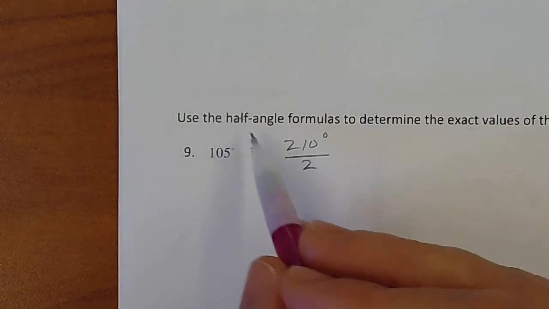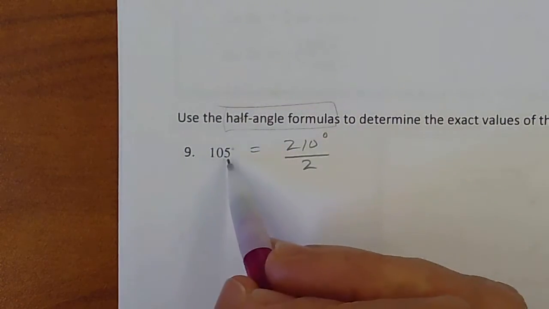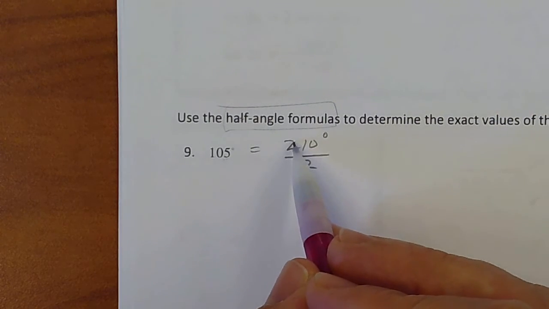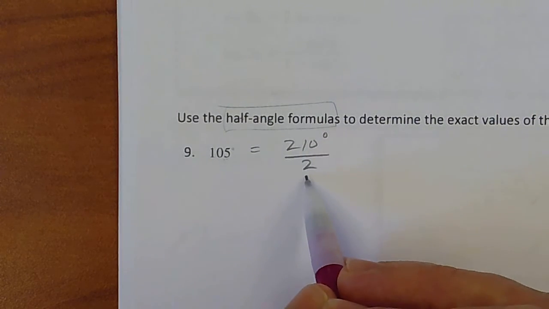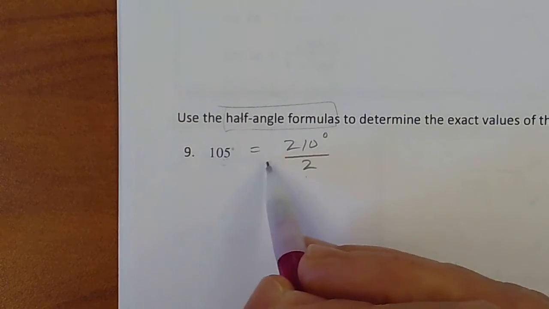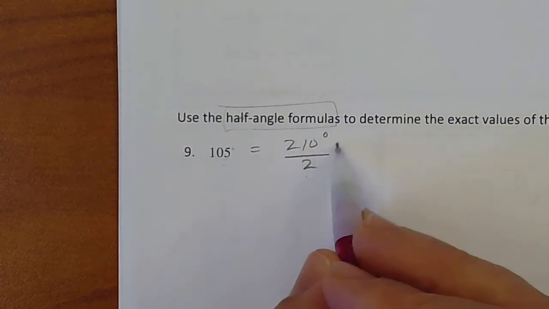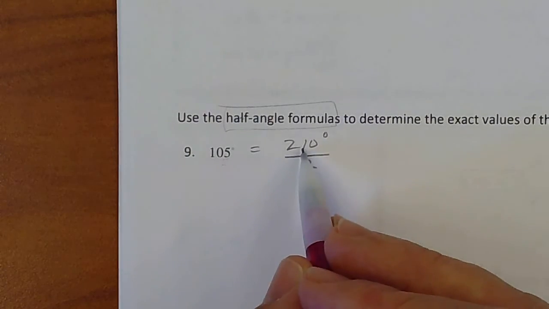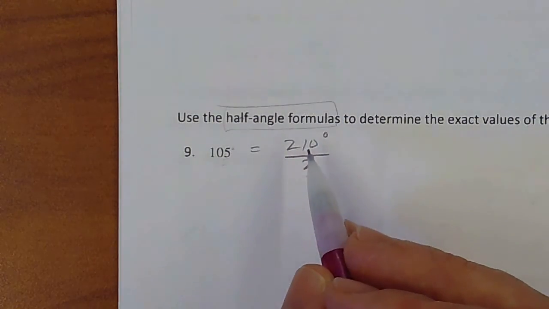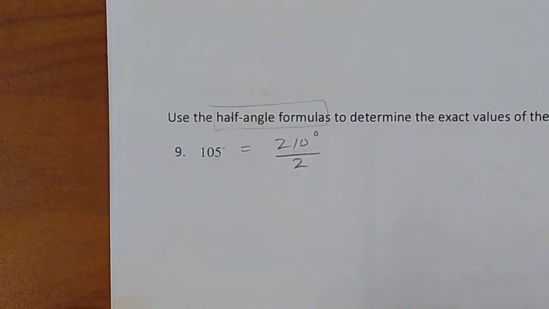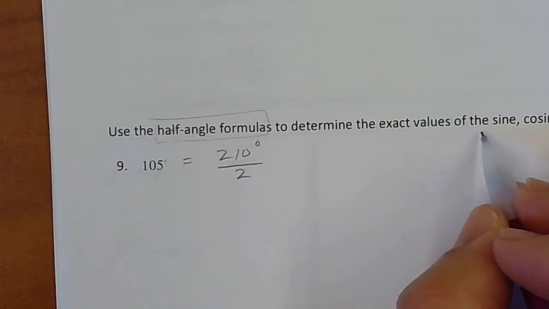Okay, so you see the half angle approach, that's how we kind of rewrite it. Double it, and then turn back around and undouble it, divided by 2, and they're equal, right? Okay, and now 210, usually they give you a problem like this. This number is going to have a good reference angle. We can work with 210. I can find the cosine of 210, sine 210, whatever. All you guys can.